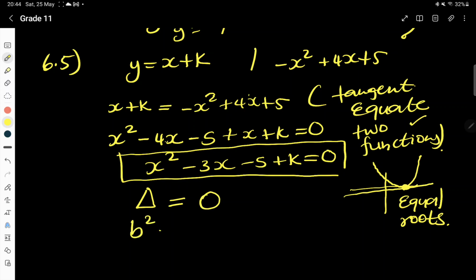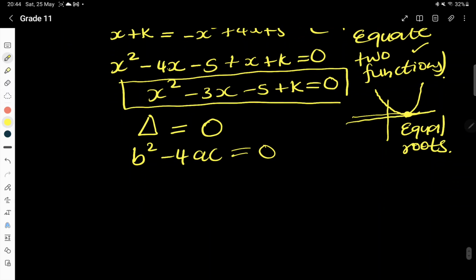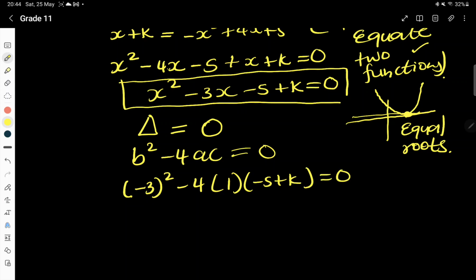Then b squared minus 4ac equals 0. What is your b? Negative 3 squared minus 4. Your a is 1. Your c is minus 5 plus k, equals 0. Then you have 9 minus 4 into minus 5 plus k. Remember, you times 4 and 1, you get negative 4.